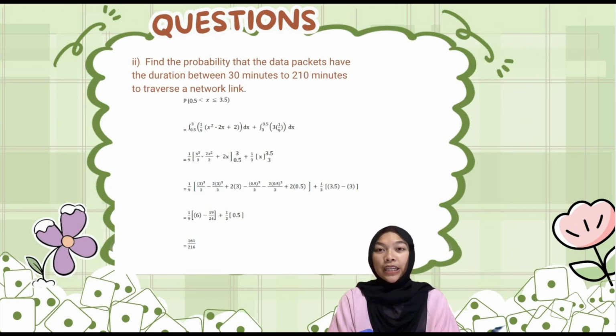For the second integral, we have 1 over 3 times the difference between 3.5 and 3. Simplifying these expressions, the first integral becomes 1 over 9 times the difference between 6 and 19/24, and the second integral becomes 1 over 3 times 1/2. Adding these together gives the final probability, which is 161 over 216.